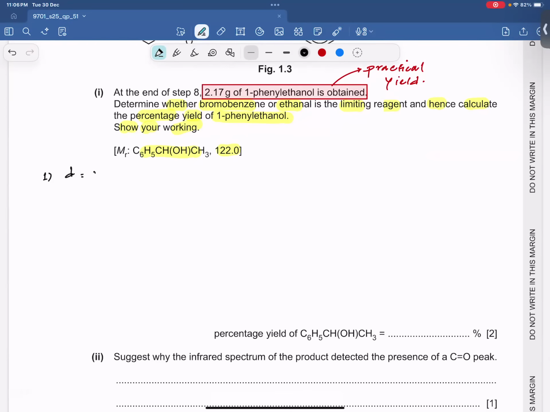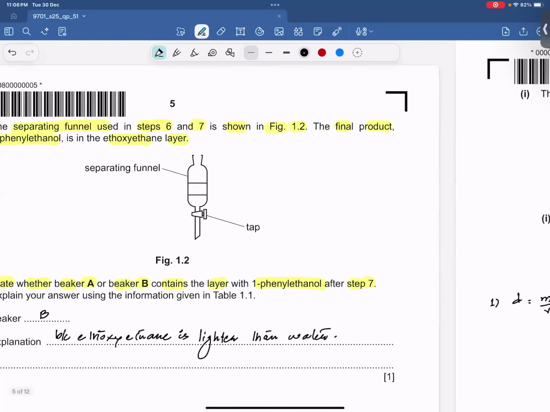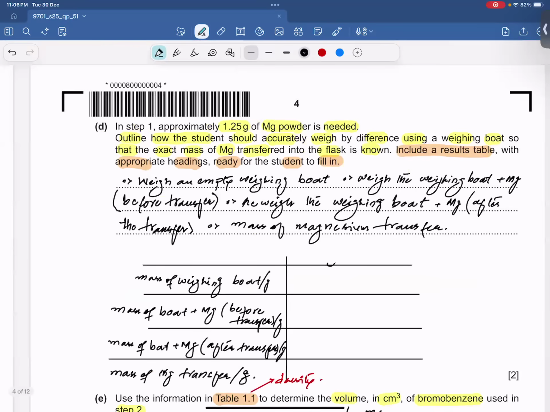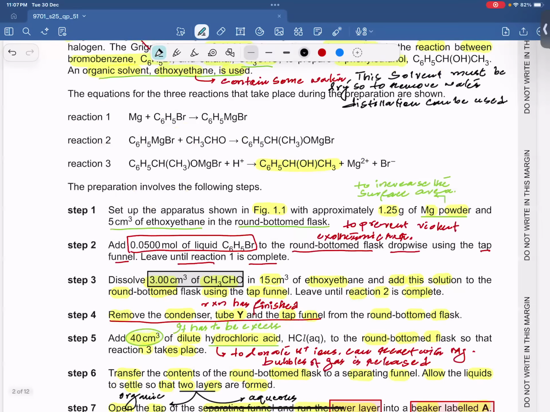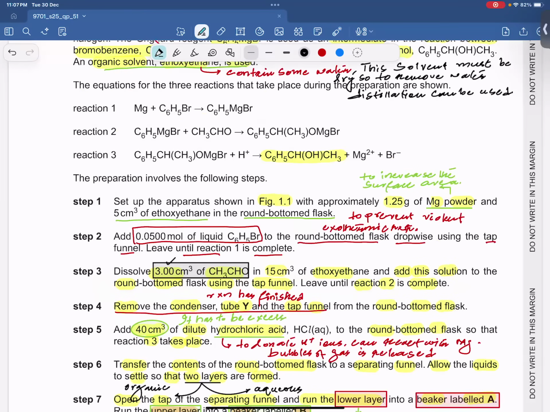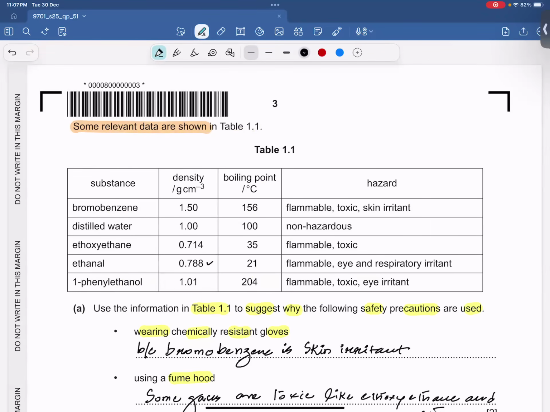By the way, density is always equal to mass per unit volume. So ethanol has 3 cm cube volume. Volume is given, density is here. I can find the mass.